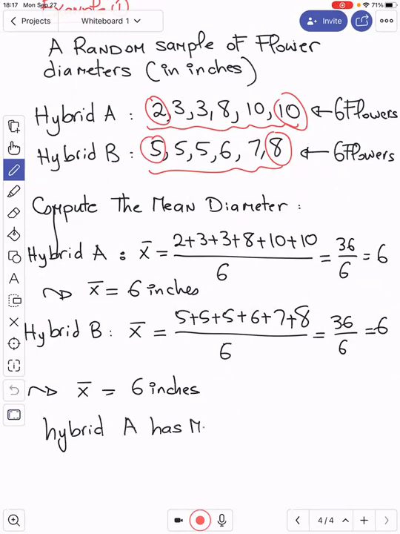Hybrid B is more constant. I mean, the diameter in hybrid B is more constant.